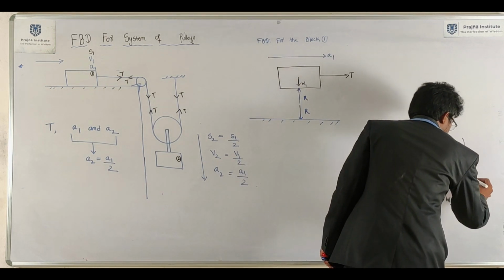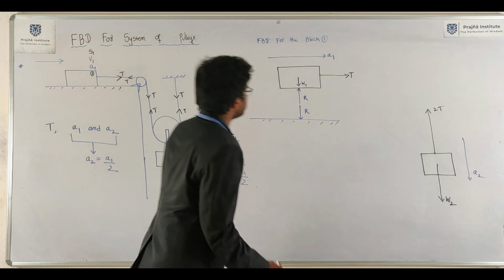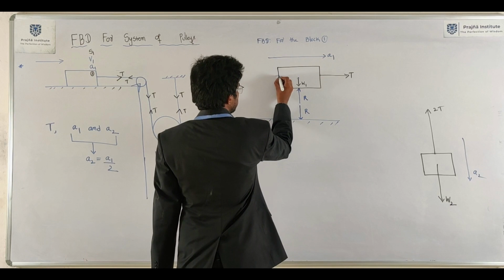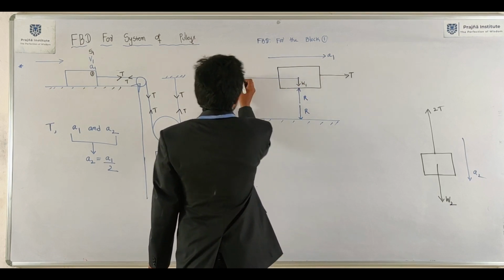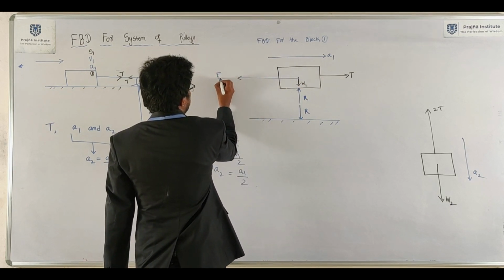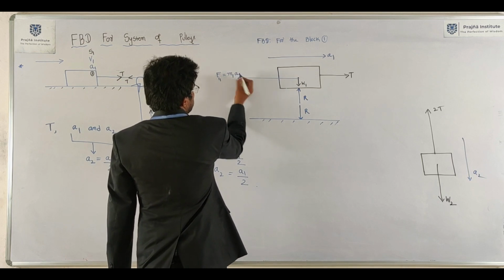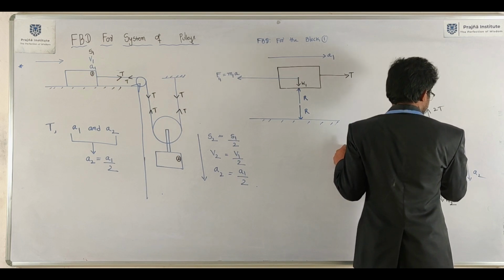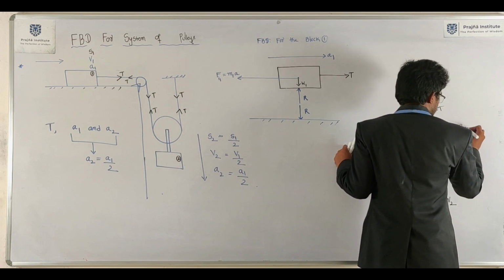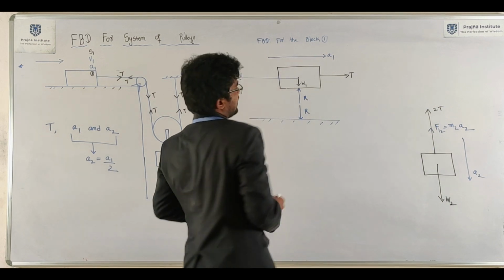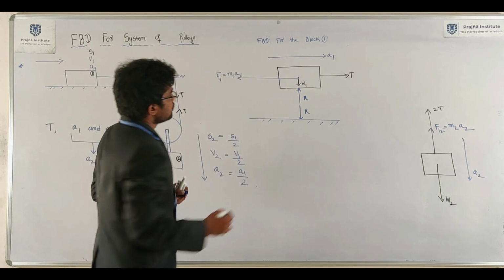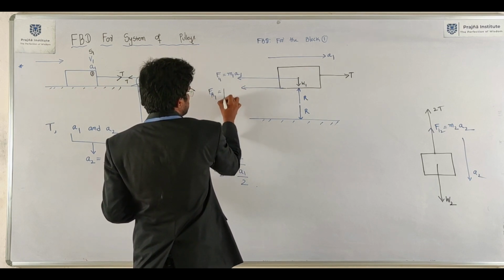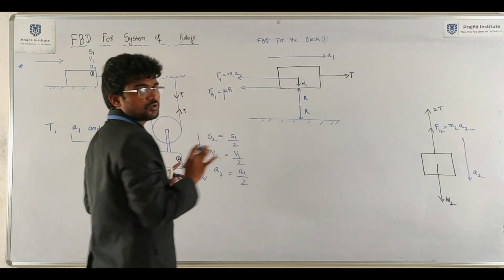This is the direction of A2. Now incorporate inertia force. F inertia 1 is M1A1, F inertia 2 is M2A2.